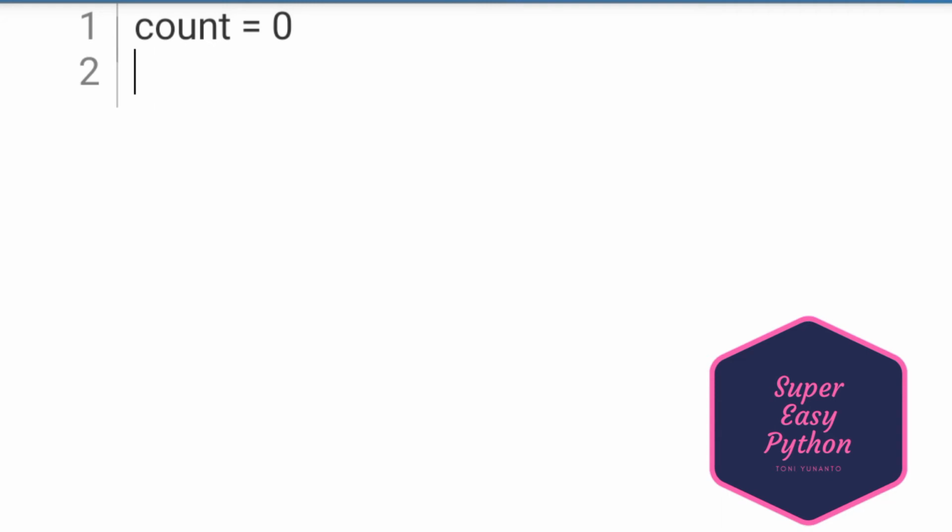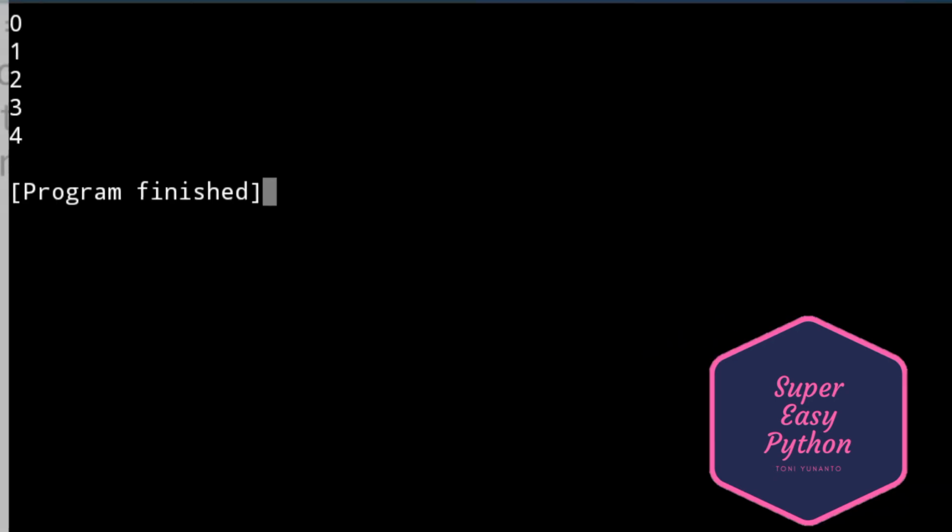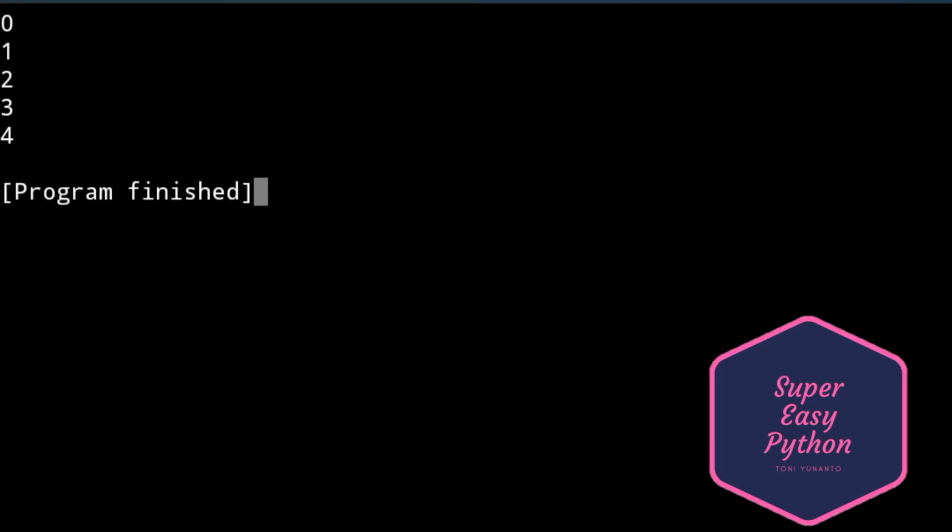And then while count is less than 5, and then colon, and then type print, and then in the bracket count, and then next count plus equal 1, and then we run it. The result is 0, 1, 2, 3, and 4.